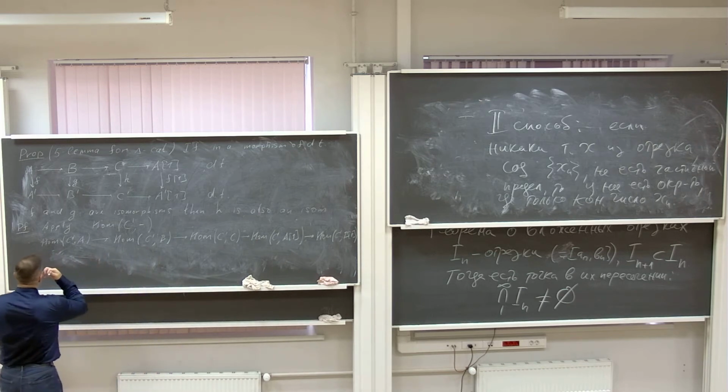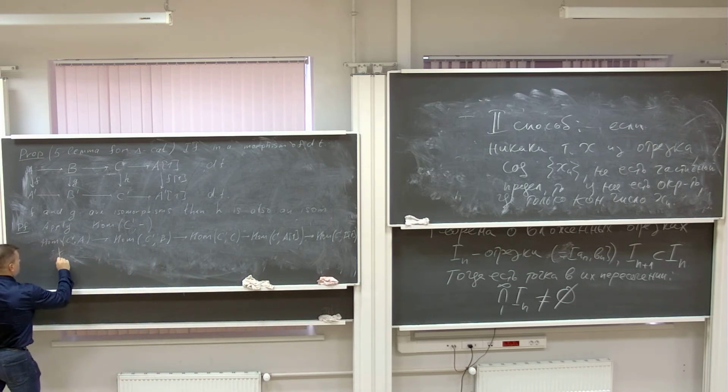So then map F is inducing a map between homs. So I get a map to the hom between C prime and A prime. So let's call this map F with a lower star.